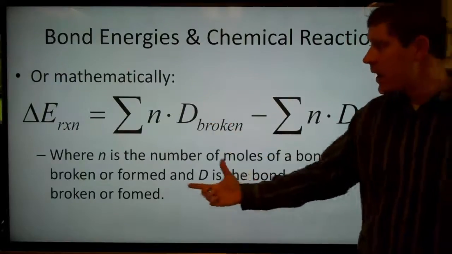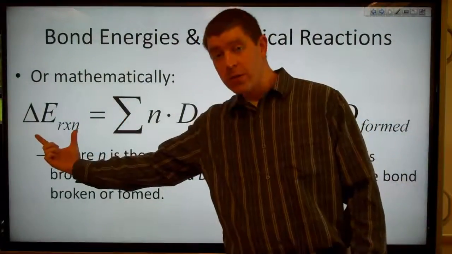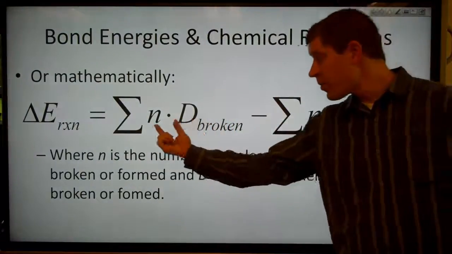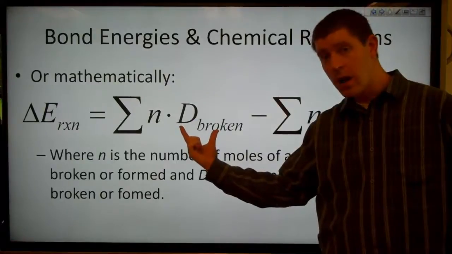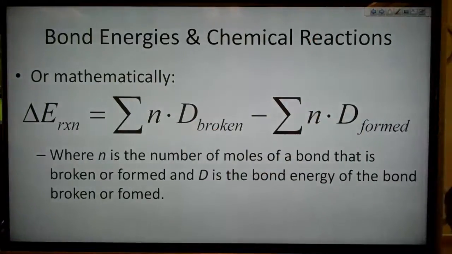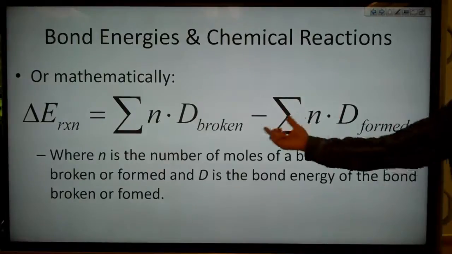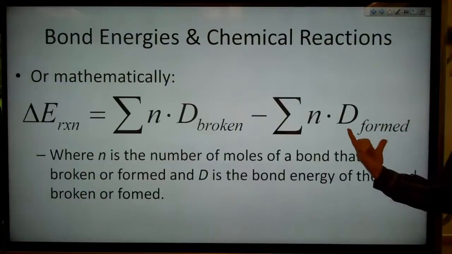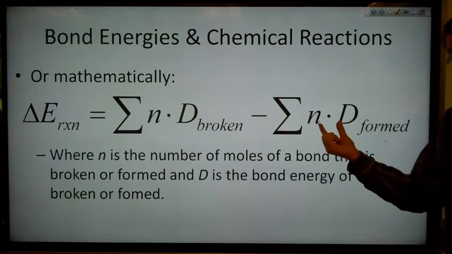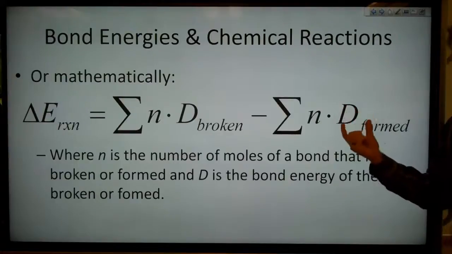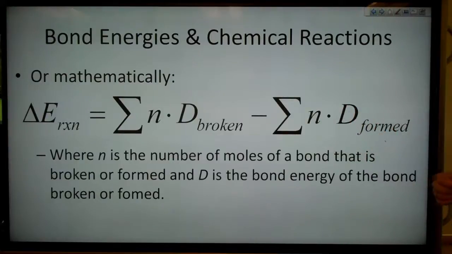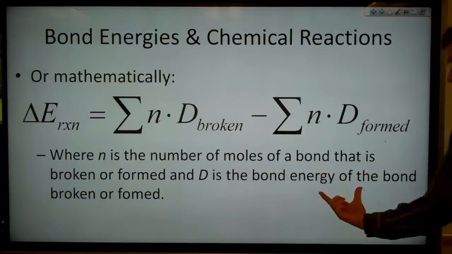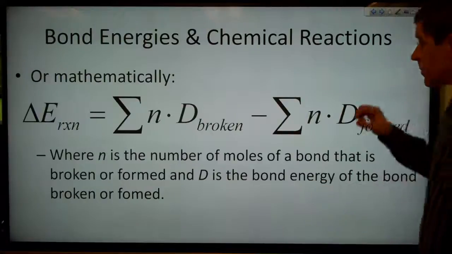We can write this mathematically as: delta E for the reaction, the change in energy of the reaction, is equal to the sum of the number of bonds of each type broken times the energy for breaking that bond, minus the sum of the number of each bond of each type formed times the energy change formed. N there is the number of moles of a bond that is broken or formed, and D is the bond energy of the bond that is broken or formed.